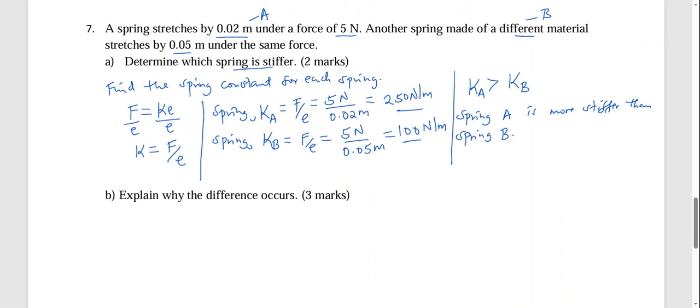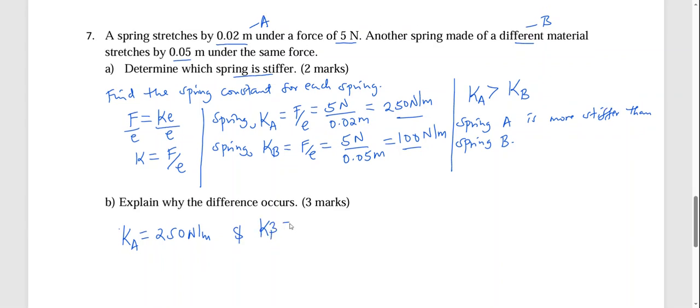Therefore, question 7b, explain why a difference occurs. Remember, spring A has this spring constant, which is 250 Newton per meter, and for B it is 100 Newton per meter. Therefore, as you can see, there is a difference. Why is this difference occurring?